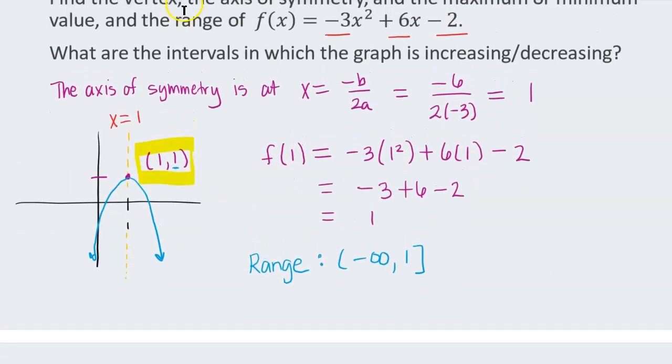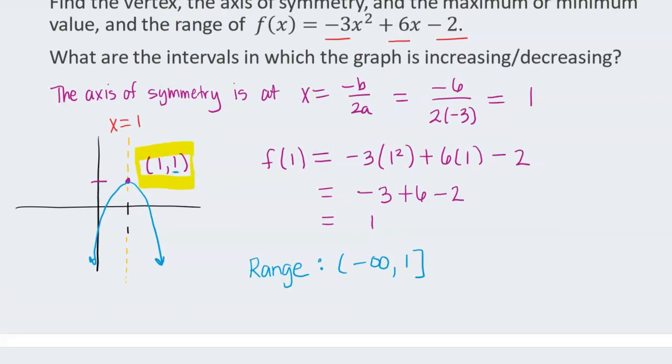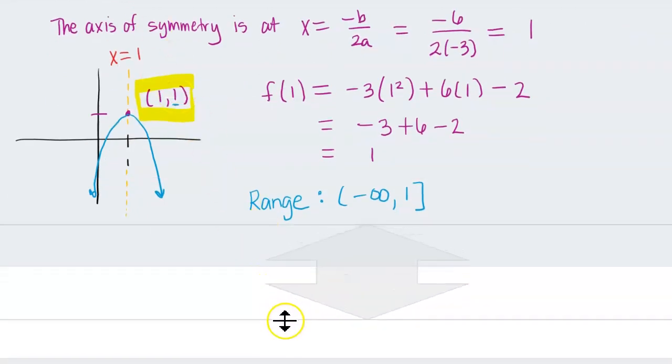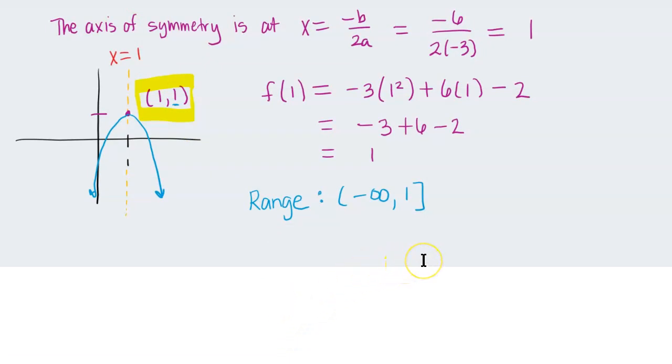Now, the last question is asking us, where is the graph increasing and decreasing? What are the ranges or intervals where it's increasing and decreasing? And again, we talked about the fact that when we think about increasing and decreasing, we don't include the point, in this case the maximum point, where it changes from increasing to decreasing.